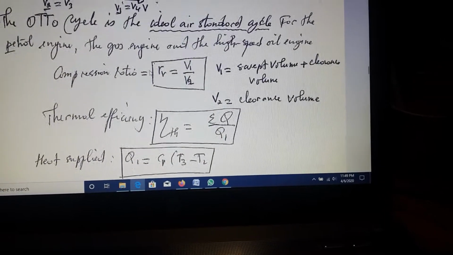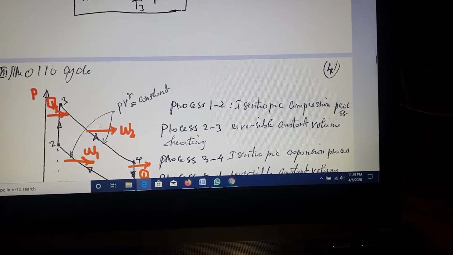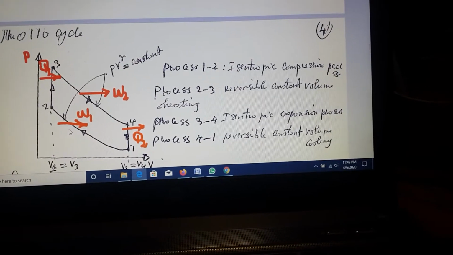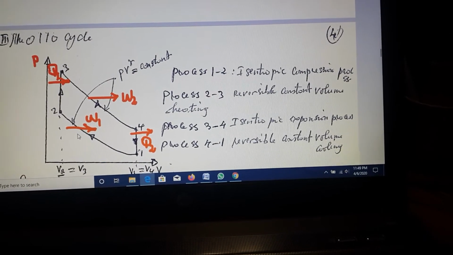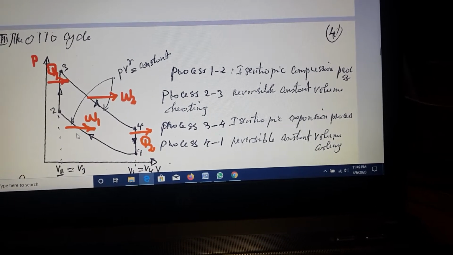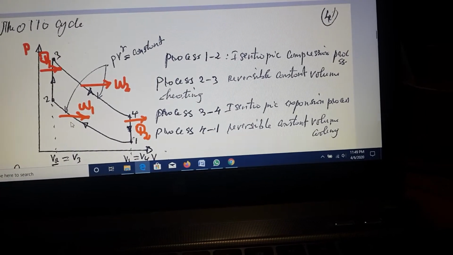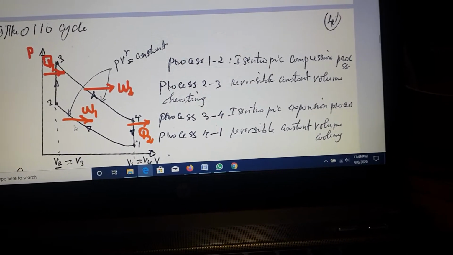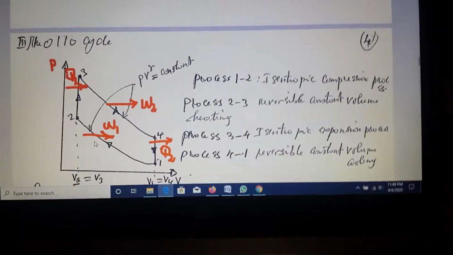And you see guys, if you check what you have done so far, it's the same logic, the same concept. Just know how to draw your cycles, whether they are asking you to sketch it on the PV diagram or the TS diagram, you know already how to do it.